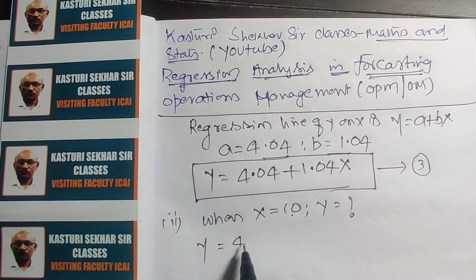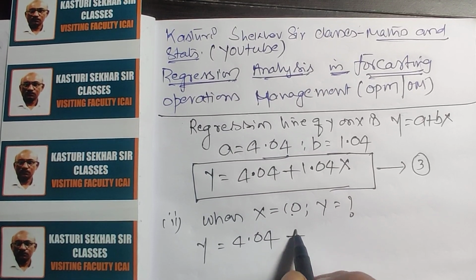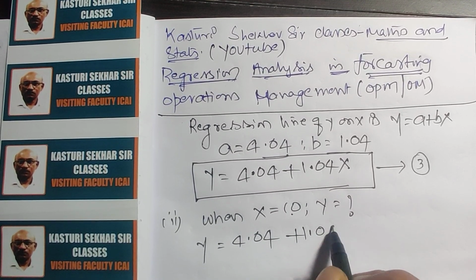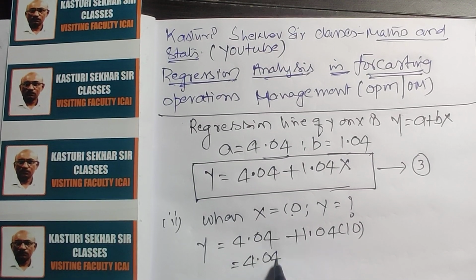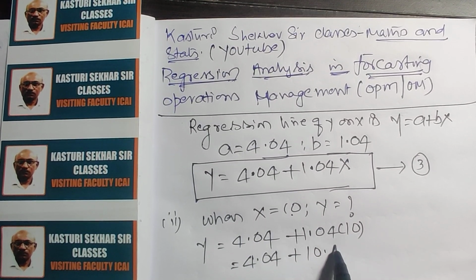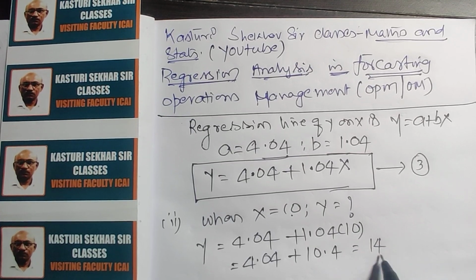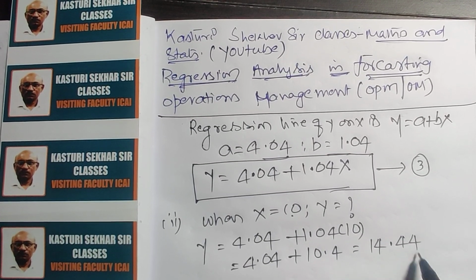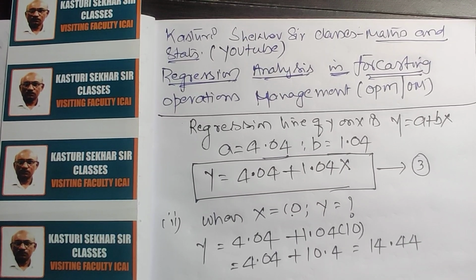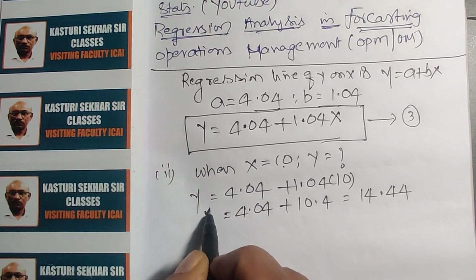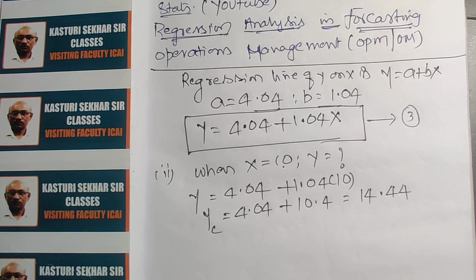Y is equal to 4.04 plus 1.04 into 10. 4.04 plus 10.4. 14.44. Let me verify this. 4.04 plus 10.4, 14.44. What will this value y represent, sir? Your estimated demand.